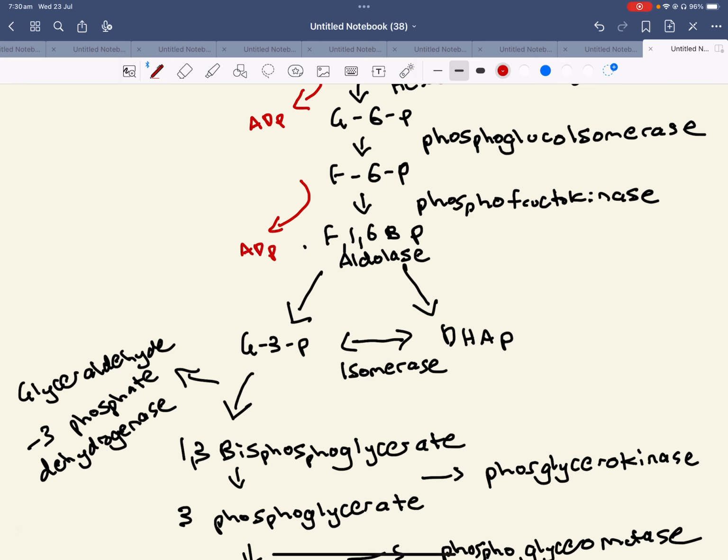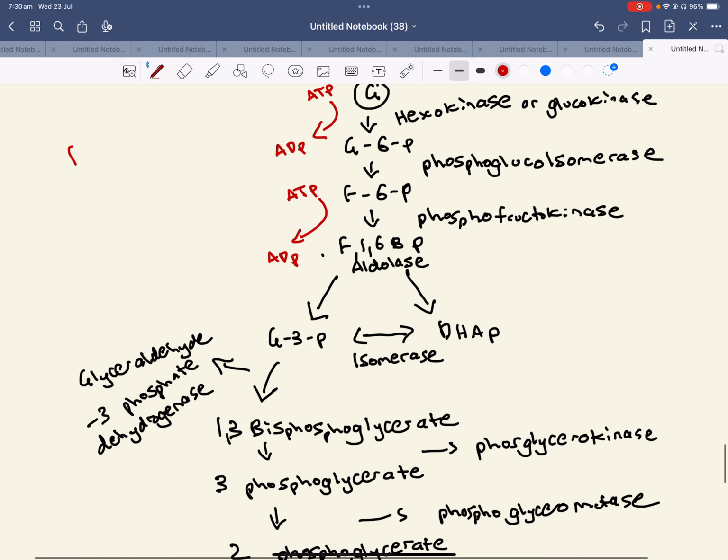That's 2 we've lost. So this is called energy investment. During glycolysis, we are investing 2 ATP to generate energy. That's the 2 ATP we do there.